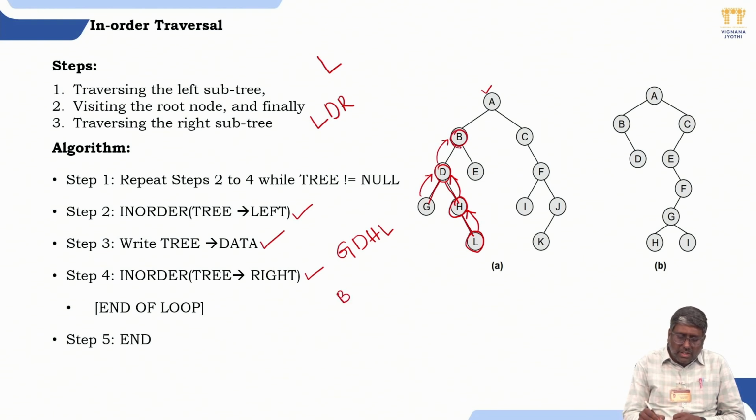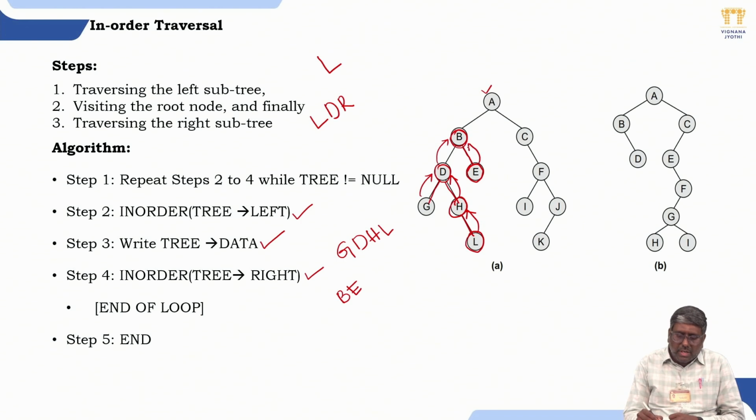We can visit a node only after visiting the left subtree nodes. That means we can visit B only after visiting the left subtree nodes. The left subtree nodes are already visited, so only then can we visit node B. After that we go to the right subtree of B, which is E, and E is a leaf node.